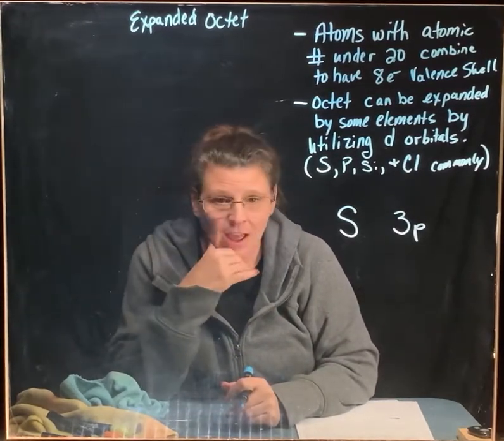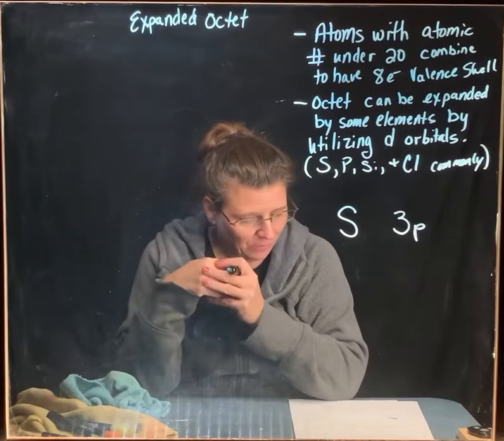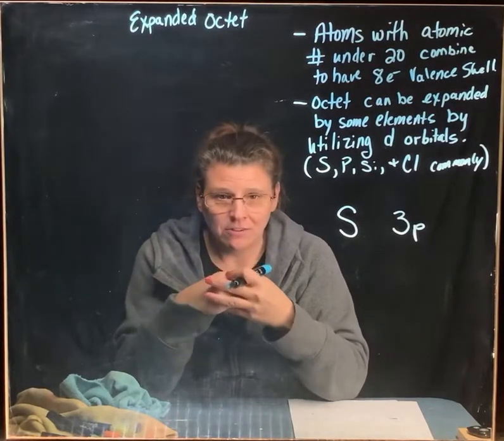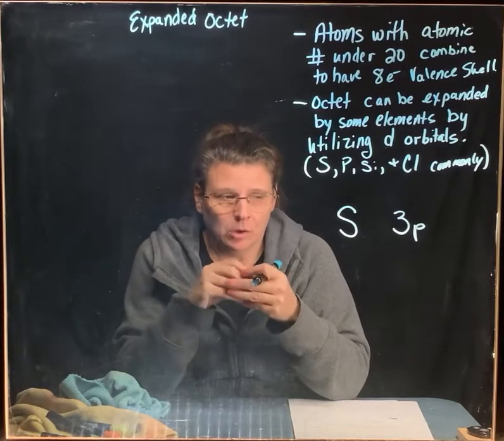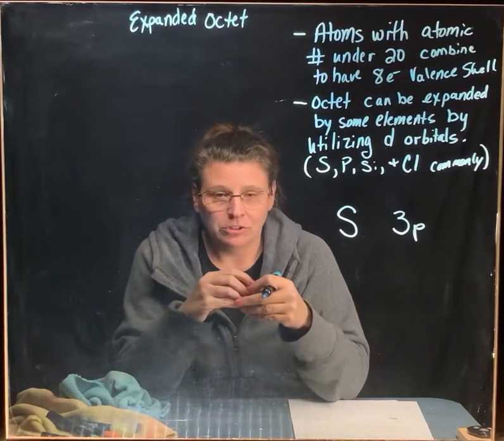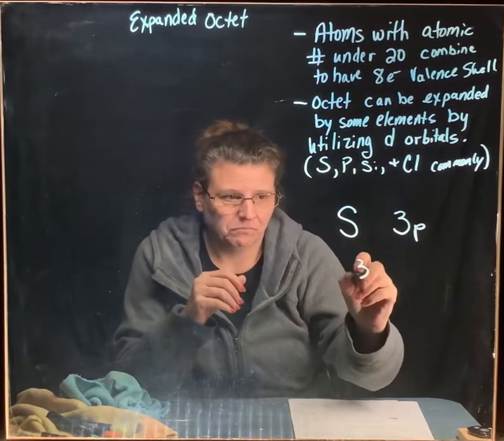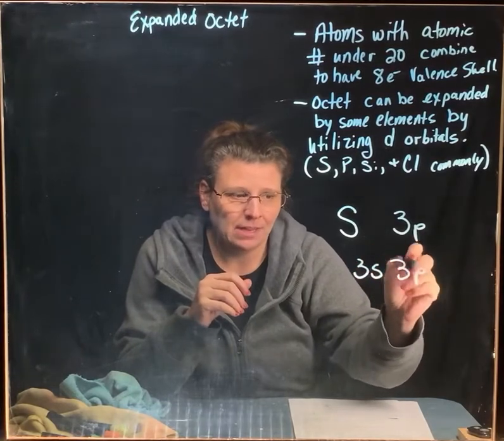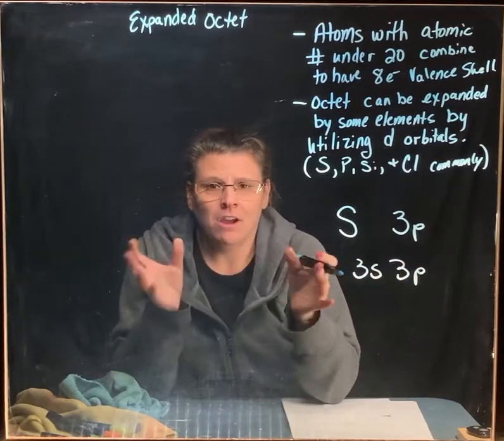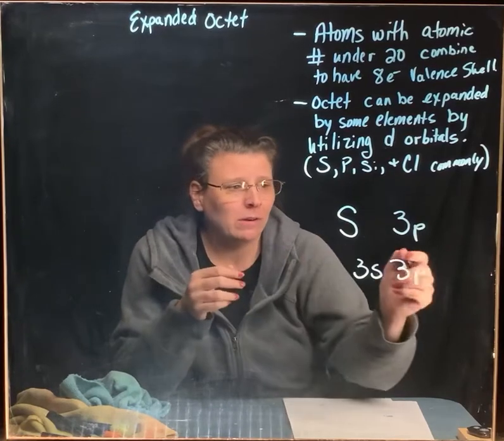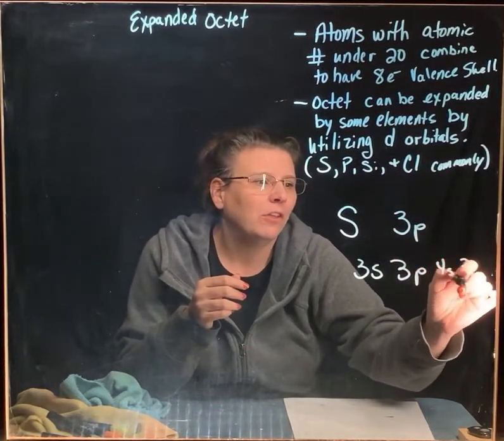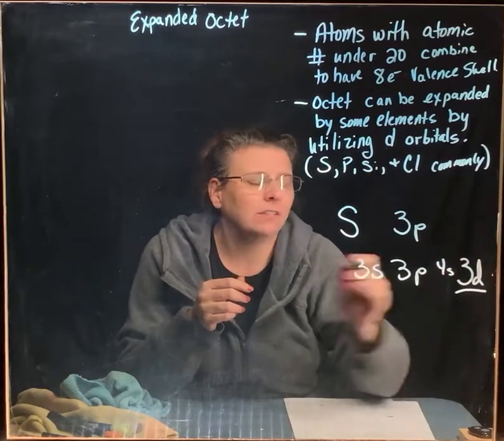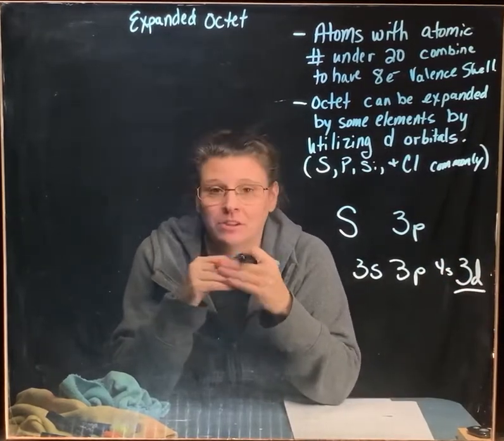But once an atom gets into the 3rd energy level, if you remember our electron configuration, there's 3s and there's 3p, but if you continued on, the next part would be 4s, and then we'd have 3d. Okay, so that 3d is on the 3rd energy level.